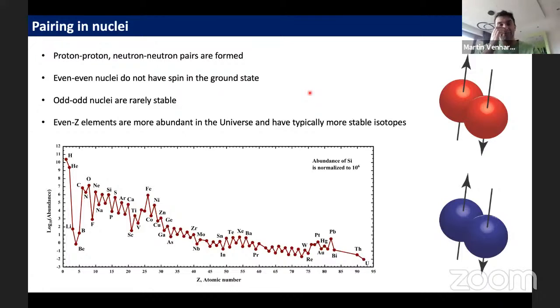And it has several results. For example, doubly odd nuclei are rarely stable. I think there are only 4 stable isotopes with an odd number of protons and an odd number of neutrons. And elements with even proton number are more abundant in the universe and typically have more stable isotopes.